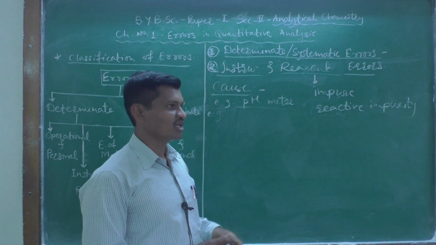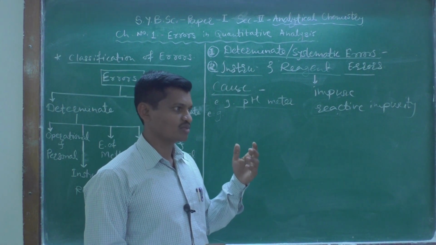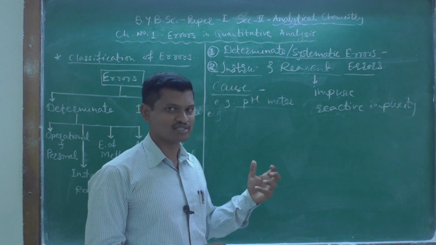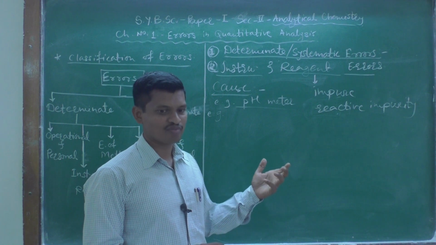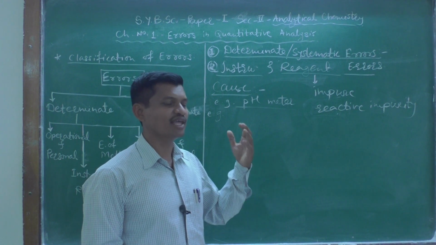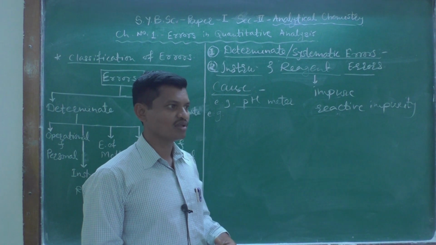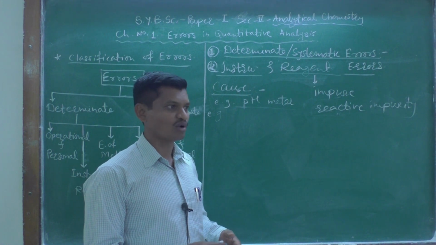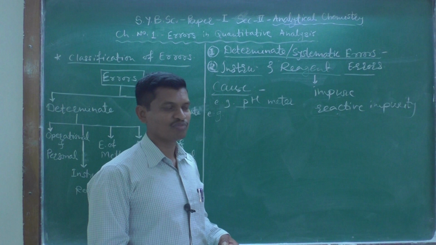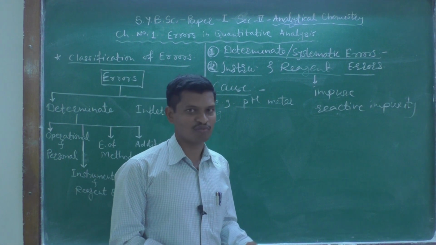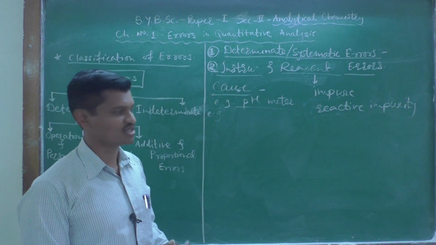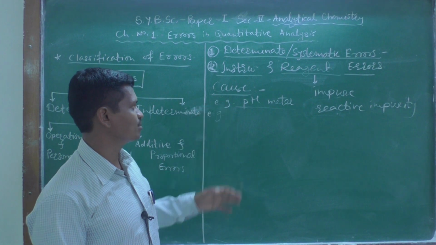Another example, if some reagents or chemicals or solvents have impurity, then they can cause wrong results in the final analysis of our experiment. Okay, so these are the examples.